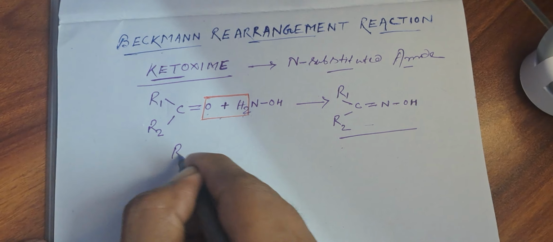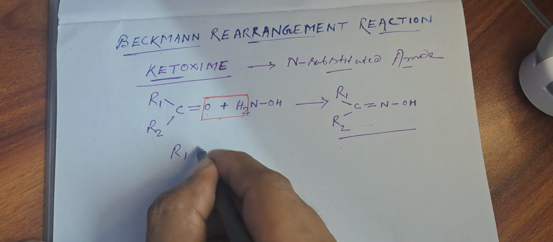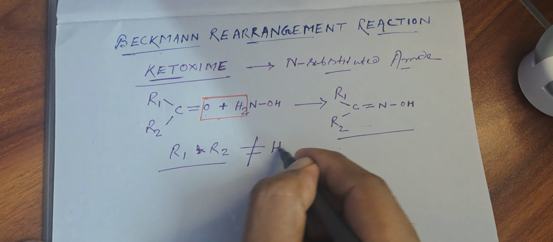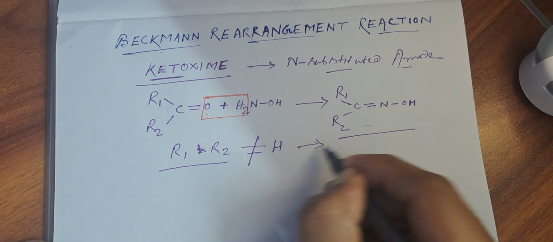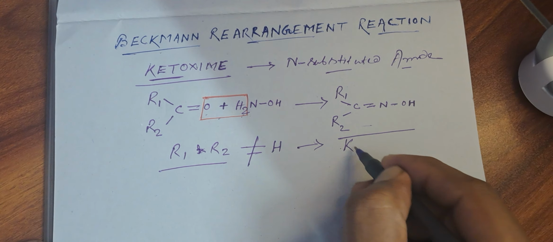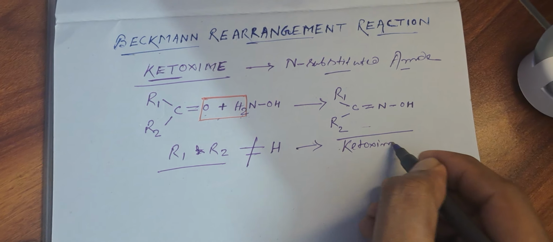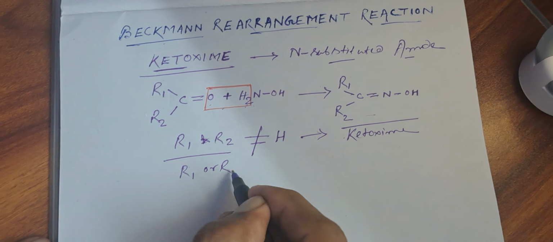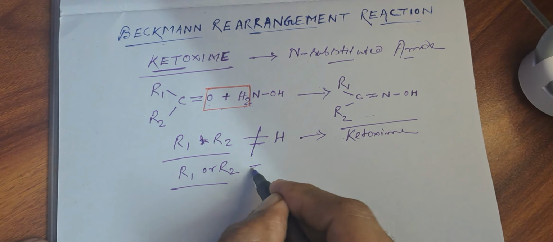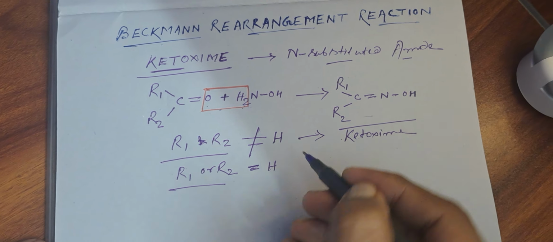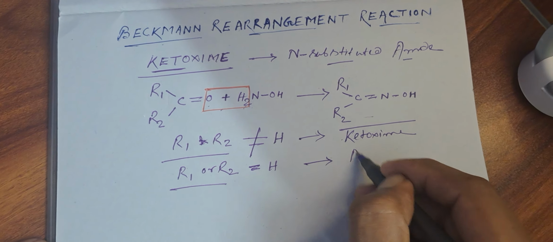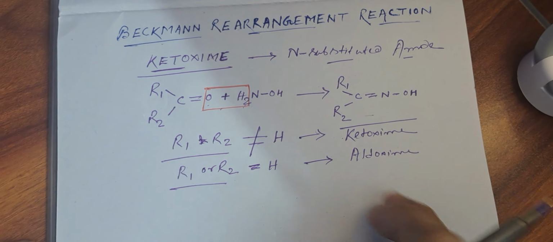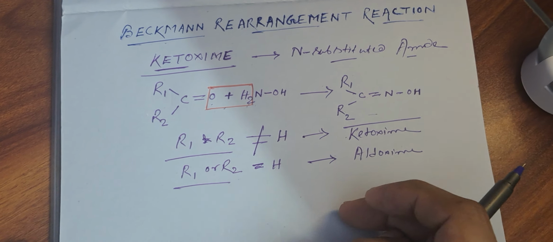When R1 and R2 are both not hydrogen, there is formation of ketoxime. But when R1 or R2, either of them, is hydrogen, your end product will be aldoxime. So this is basically the difference between ketoxime and aldoxime.